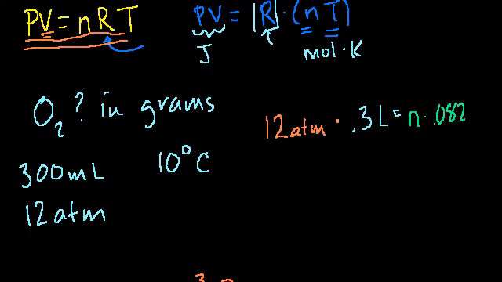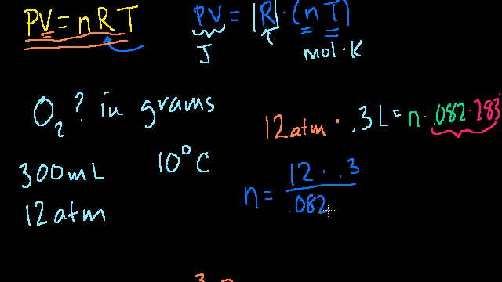We always have to do everything in Kelvin, so it's 283 Kelvin. To solve for N, we just divide both sides of this equation by R times T. And so N is equal to 12 atmospheres times 0.3 liters divided by 0.082 times 283.